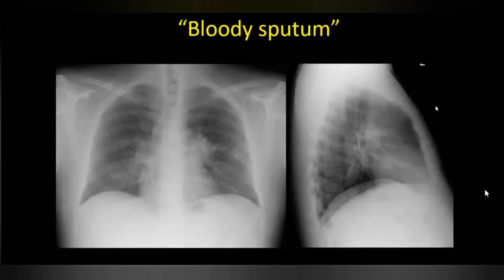Maybe the X-ray is not clear to you, but there is some nodular haziness here. Yes, there are some non-homogeneous small faint opacities in the right pericardiac region, in the middle lobe medial segment, and also in the left lung mid-zone. And keeping in view the history, my differentials would be an infective process like tuberculosis.